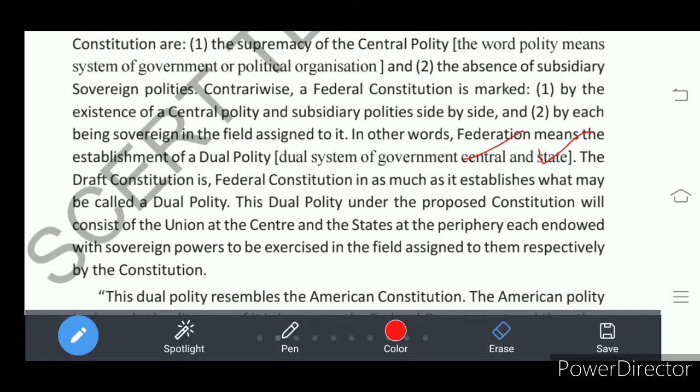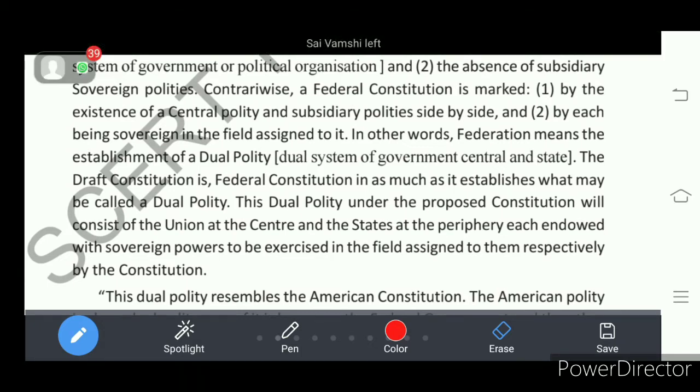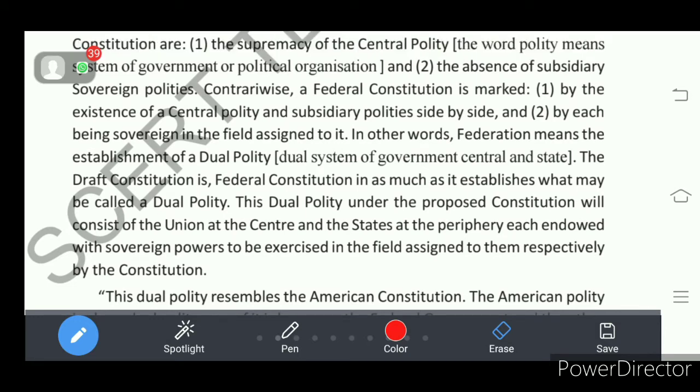So the draft constitution drafted by the drafting committee says that the federal constitution establishes what we call a dual polity.